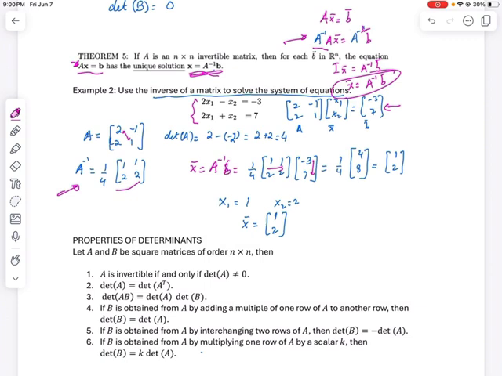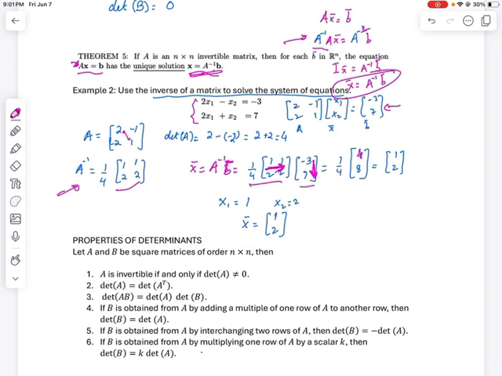So now we have to find our x. So x is A inverse times B. A inverse is this, B is that. I put it there. I now multiply this matrix with the vector here. This is how we multiply. We go left to right in the first matrix and top to bottom in the second. So when the first row is multiplied with this column, we get -3 plus 7, which is 4.